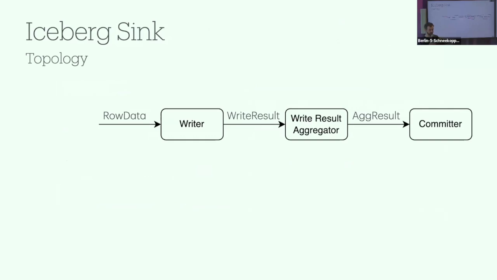Now I want to highlight the architectural differences. In the current Flink Iceberg sync, you have row data as input.